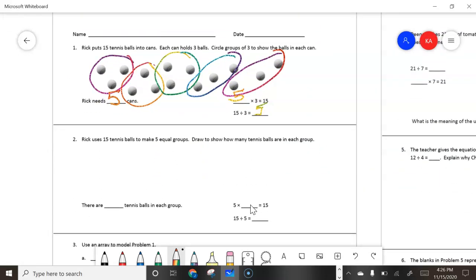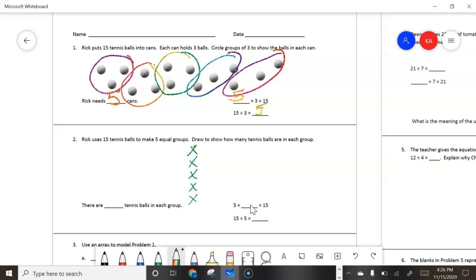Okay, boys and girls, number 2. Rick uses 15 balls to make 5 equal groups. Draw to show how many tennis balls are in each group. I'm going to go ahead and draw an array. I know there are 5 groups with 3 in each group. So 5 groups, 1, 2, 3, 4, 5.